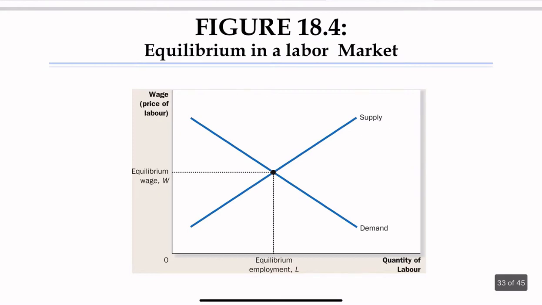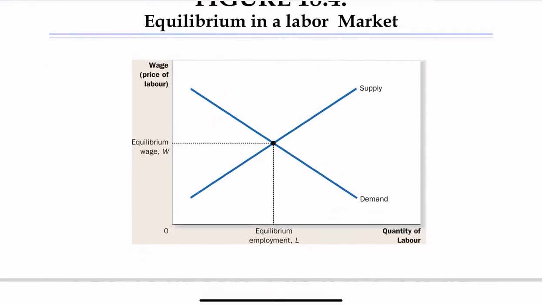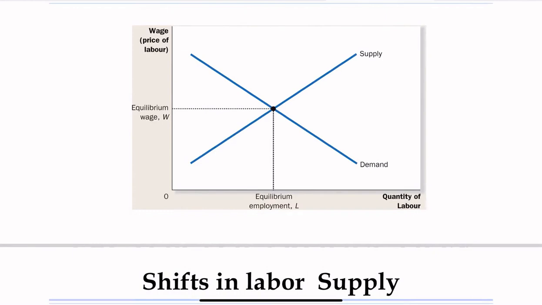So here you can see the market equilibrium in a labor market. Because we have talked about the market equilibrium in the product market, it's pretty easy for us to understand the equilibrium wage and equilibrium quantity of labor here. You can see that obviously the quantity demanded for labor and the quantity supplied of labor are equal.